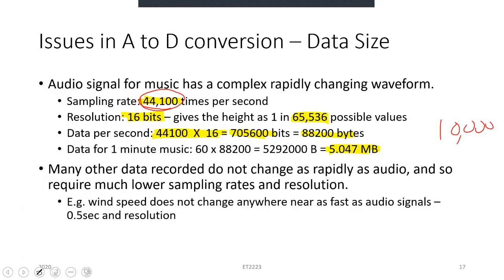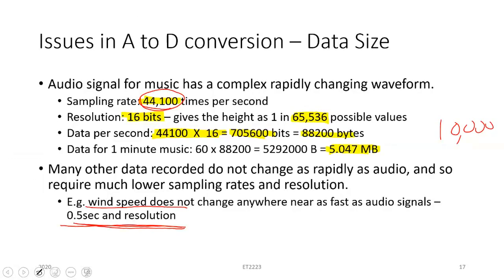Or some other signal, like, for example, speed of wind, because speed of wind doesn't change as much as speaking or music or sound. So there we can have a resolution or sampling rate much less than what we may need for a sound waveform. So again, one of the issues with sampling is we may need a lot of space to store, and depending on the type of signal, we may have to choose an optimal sampling rate and optimal resolution to achieve an optimal data size.